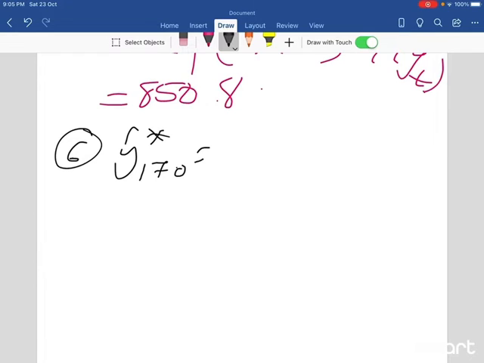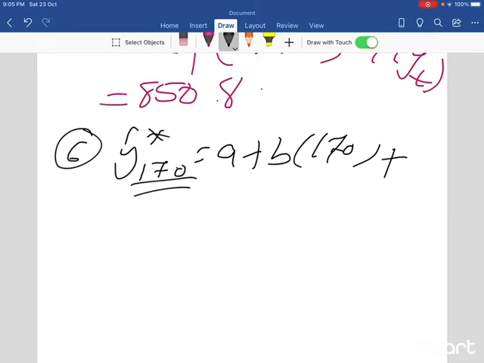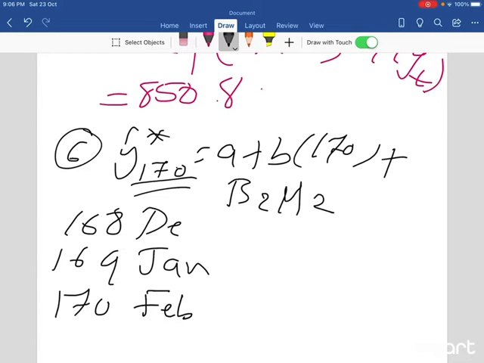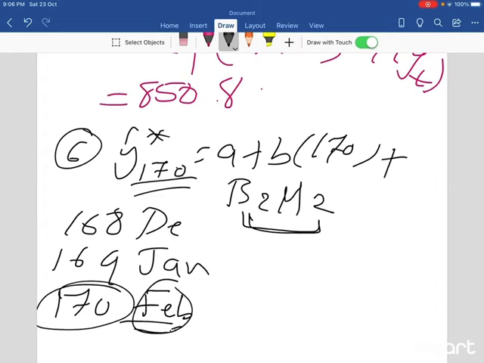You will do the same, a plus b times 170, plus... which month is 170? We said 168 is December, then 169 is January, 170 will be February. So I will add beta 2 M2, because 170 is February.